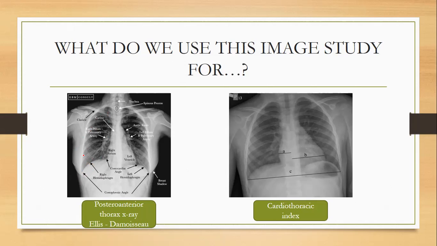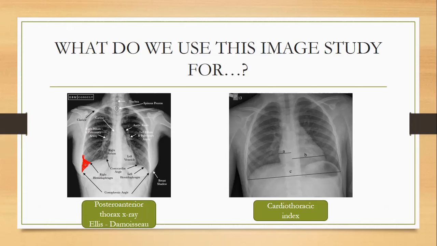And as I was telling you, there's this shape, and down here we have the liquid this way, right? And we would have this curvy line right here. And this is the Elise Damaso sign, okay? This is a sign of pleural effusion.